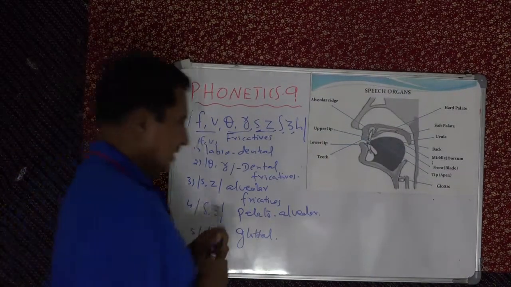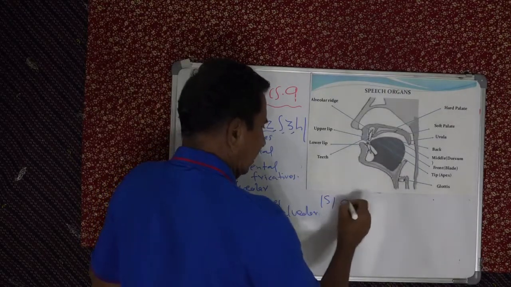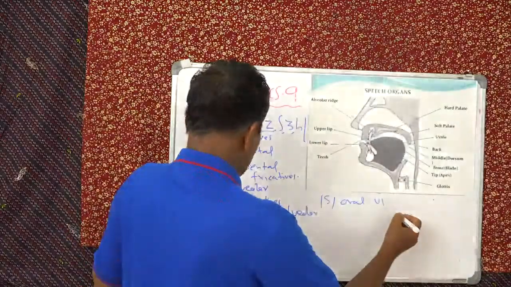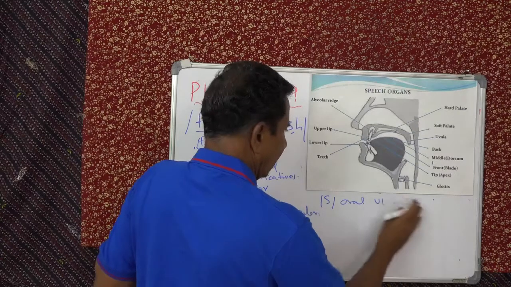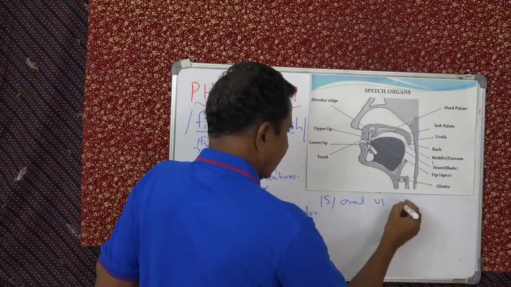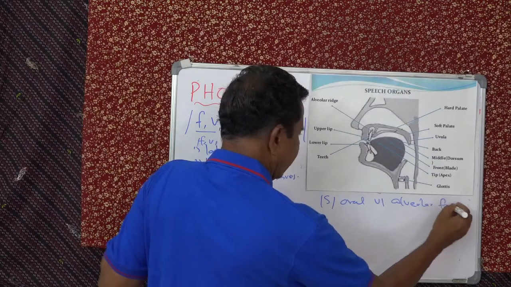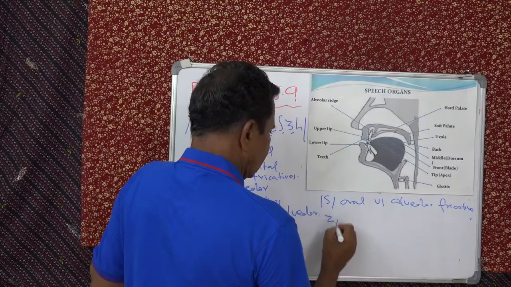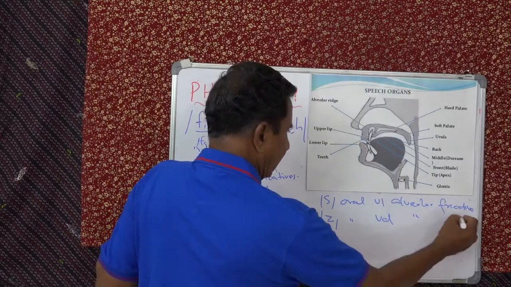Take one by one. That is oral, voiceless, alveolar, fricative. Understand? So, same, oral, voiced, alveolar, fricative.